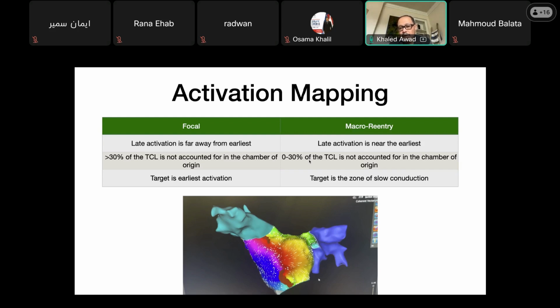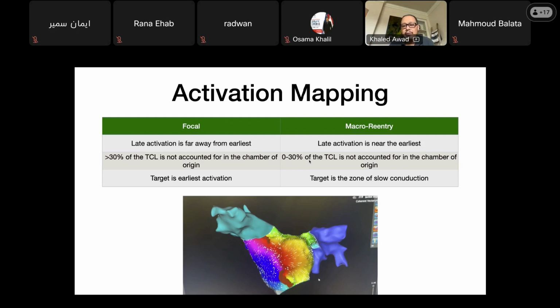But what is my target then? My target is the area of slow conduction. It doesn't matter if it's annotated early or not. If you set your windows properly, the earliest activation should lead you to that zone, but that zone can sometimes be a little bit superior, inferior, septal, or lateral.